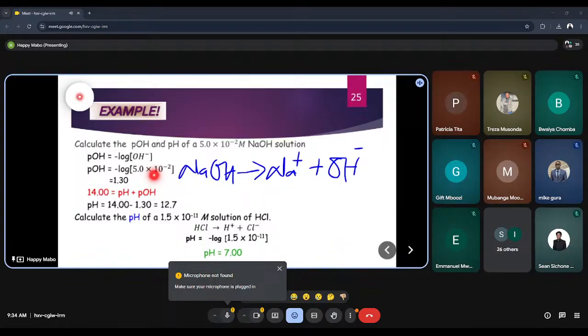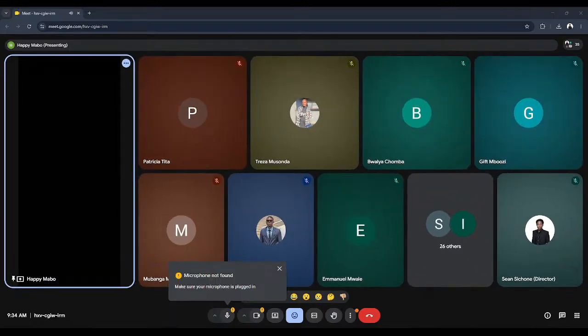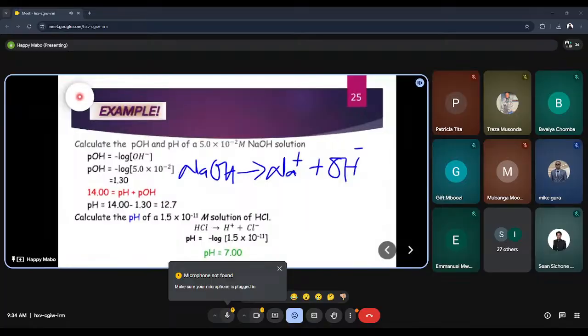So you're going to find the pOH first using the concentration given for this basic solution. You come up with the ionization equation, then you use the coefficients to determine the concentration of hydroxide ions, then you throw that into pOH equals minus logarithm of the concentration of hydroxide ions.